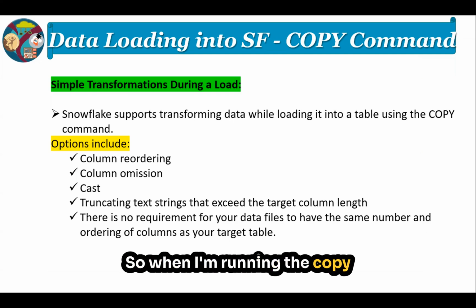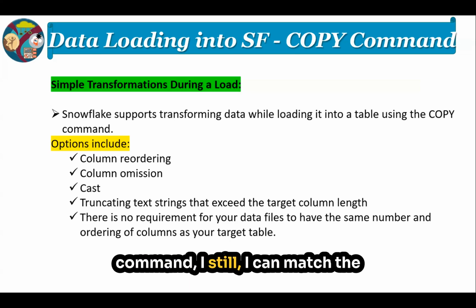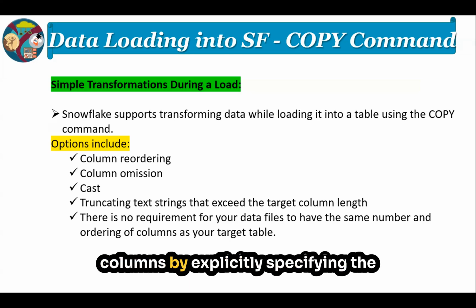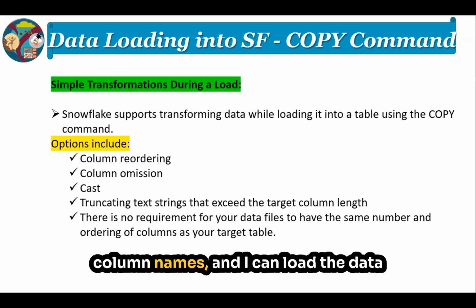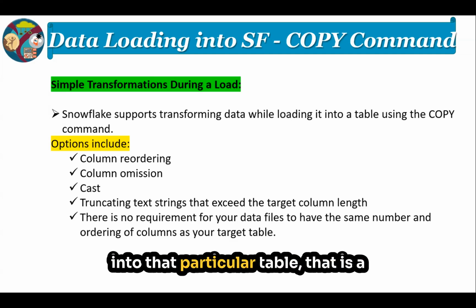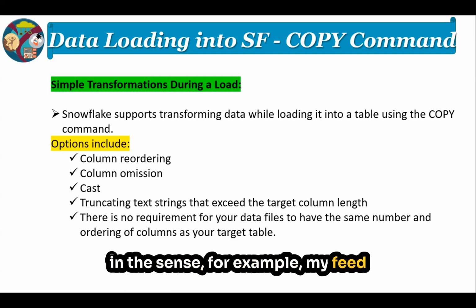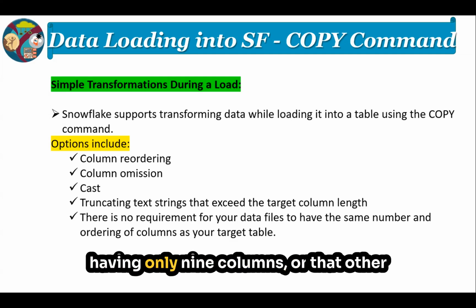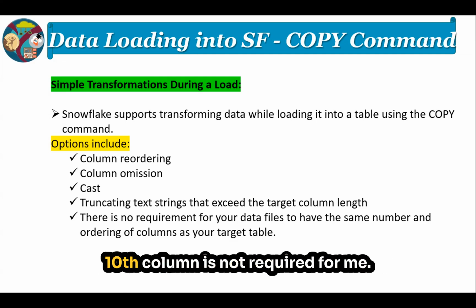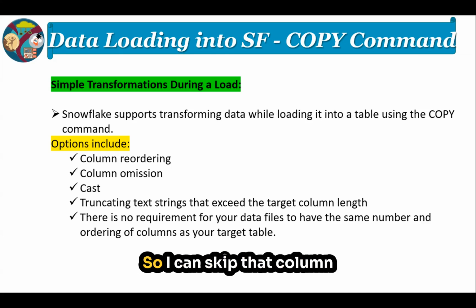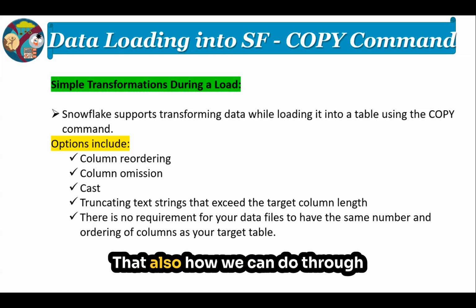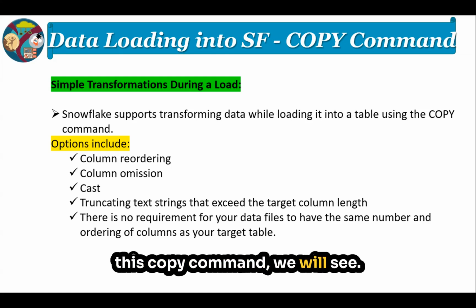When running the copy command, I can match the columns by explicitly specifying the column names and load the data into the table. That is column reordering. Column omission means, for example, my feed file has 10 columns but my table has only 9, and the 10th column is not required, so I can skip that column while copying the data into the table. We will see how to do that through the copy command.